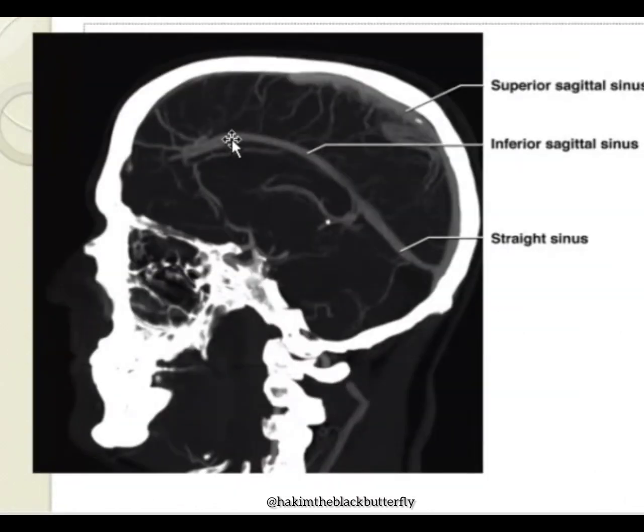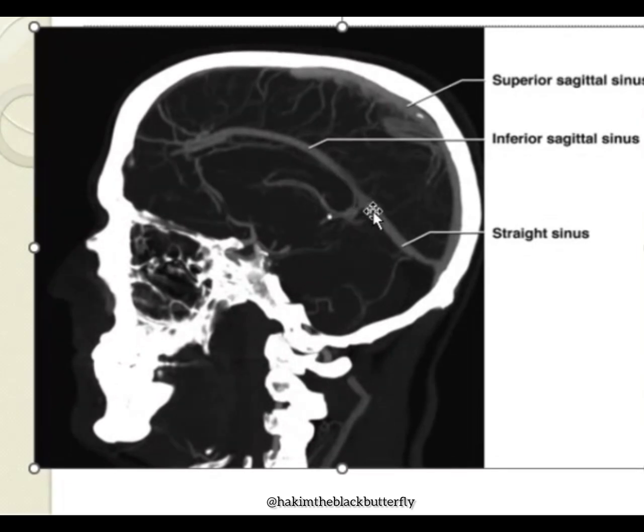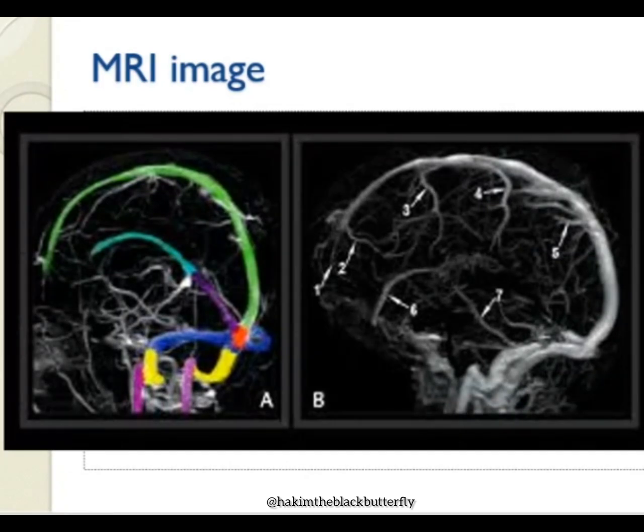You can see the superior sagittal sinus, the inferior sagittal sinus, the vein of Galen, the straight sinus, the confluence of sinuses, and a little bit of the occipital sinus there. The cavernous sinus is around here. So I've given you these images, and you have to look at more of them so that you can identify the dural venous sinuses.